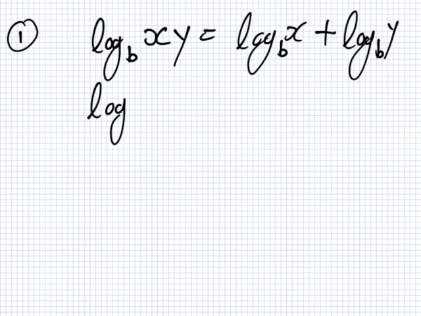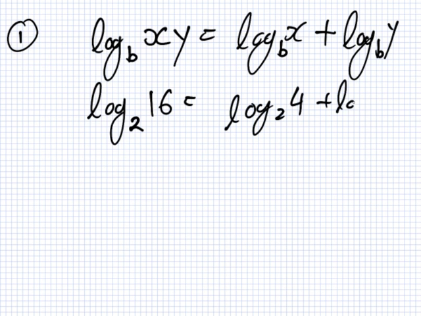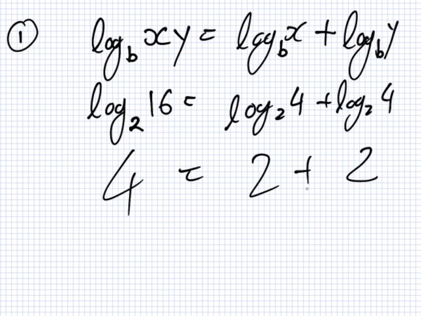So if you had log base 2 of 16, for example. 16 is 4 multiplied by 4, isn't it? So you can see here this is log base 2 of 4 plus log base 2 of 4. 2 to what power makes 16? 4. So this is 4. This is 2. And this is 2. So you can see that it is true. Okay.